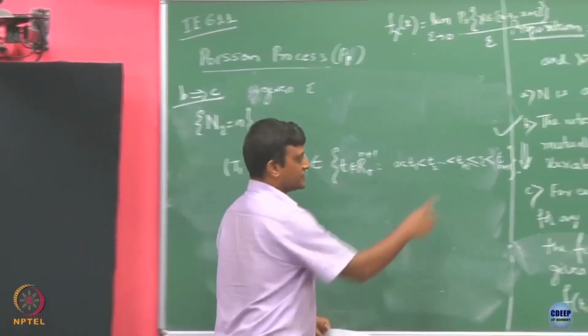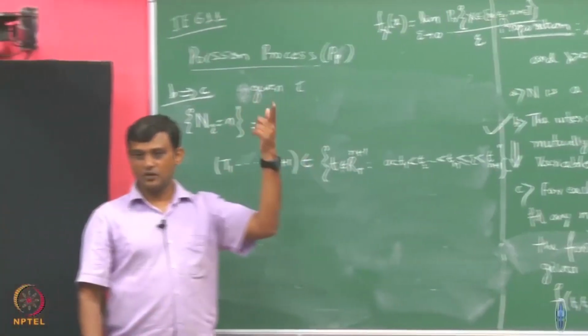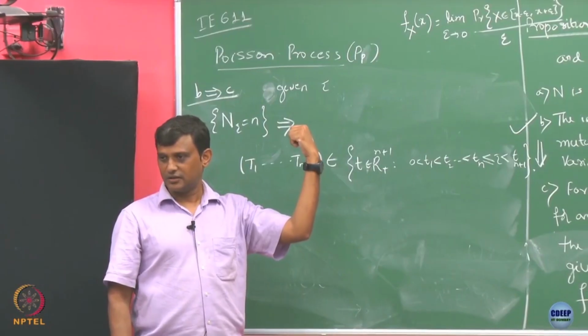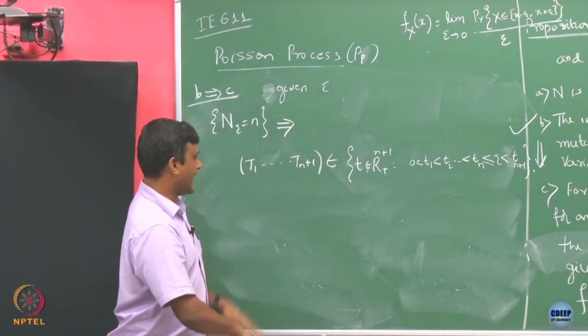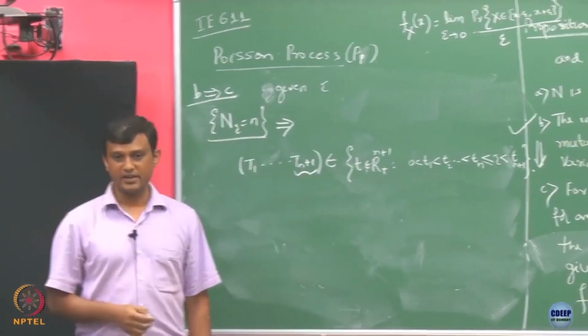If this Tn plus 1 has happened before tau, that means n plus 1 counts have already happened before time tau, right? So that is why I have to express this completely, I also have to include this Tn plus 1.